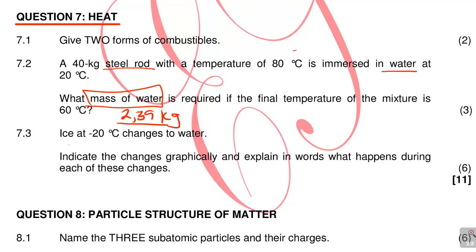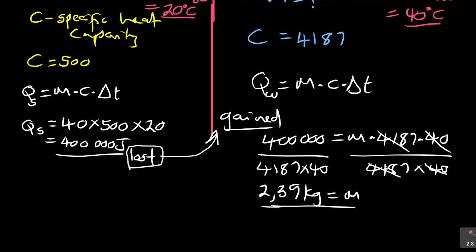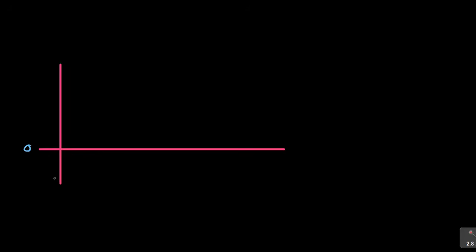So when you are dealing with ice at minus 20 degrees, this is a common graph, but here they wanted to restrict a few things. Let me quickly show you. Are you able to plot or draw a graph like that? It's a common graph on the phase changes of water. So that is 0 degrees, and at that point is minus 20 degrees.